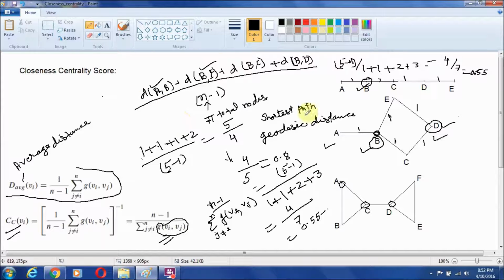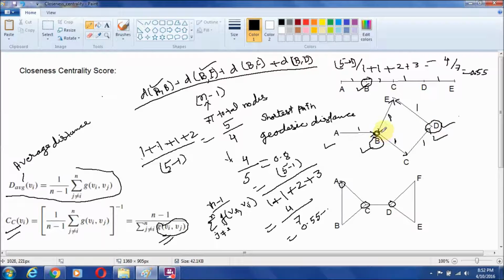Now, till now we were considering just an undirected graph. Suppose this is a directed graph and there is a link from A to B and then B to E, and suppose this is a bidirectional link and this is a unidirectional link. If we are calculating the distance between B to D, then we will have this path.